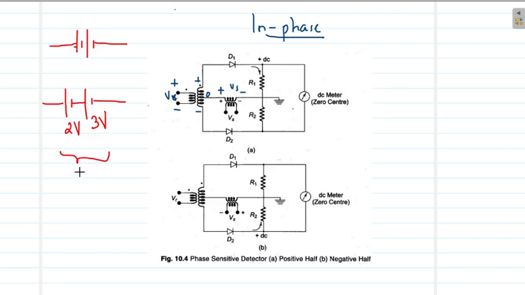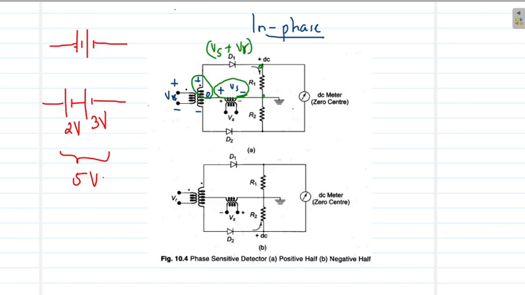This will correspond to a 5-volt equivalent cell. The same situation is obtained here. The Vs signal and the positive Vr signal are in phase in the upper cycle, and we have a voltage of Vs plus Vr in the upper half of the circuit.